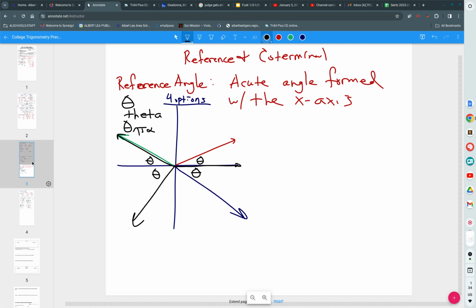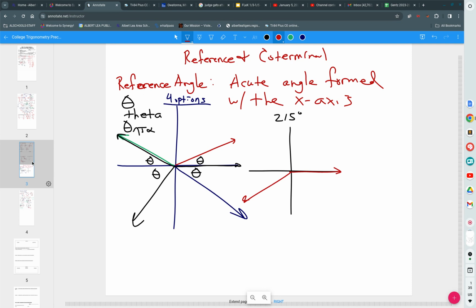And what do we have? We have 2 angles. Is the first one 255? 215. So 215 degrees. The question is, what is the reference angle formed for 215 degrees? Which quadrant is 215 in? It is in the third quadrant.